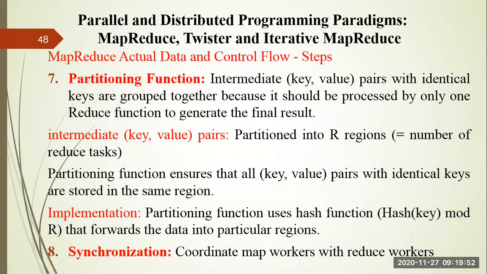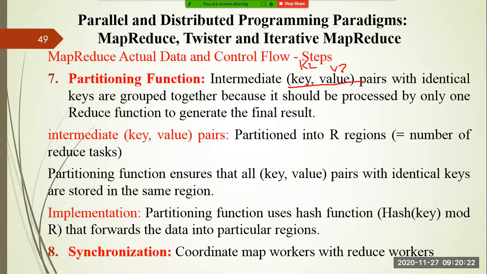The next step is your partitioning function. What you are doing here is, you have intermediate key value pairs, that is K2, V2. Identical keys are grouped together. That is, silent and listen are grouped together, because they should be processed by only one reduce function.